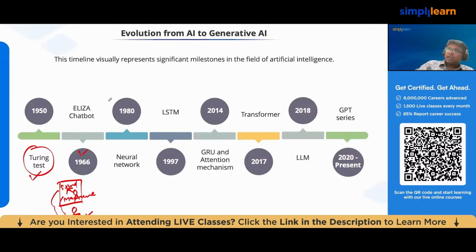Okay, then in the late 1980s there came the era of neural networks. The concept came from the neurons in the brain, and it tries to solve complex problems.